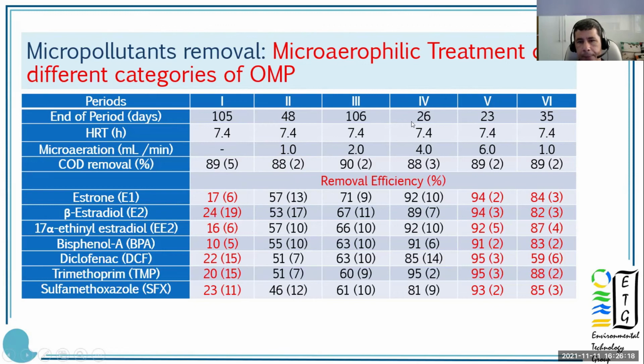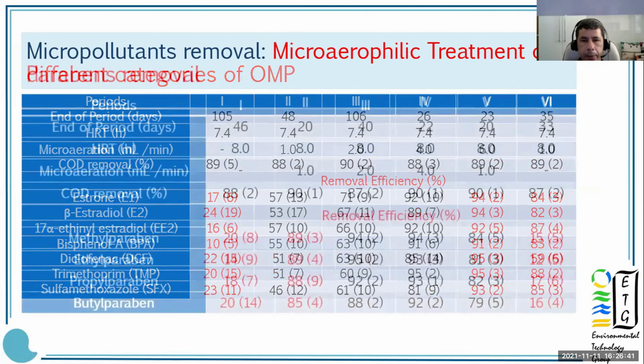If we observe the period in which we applied 4 ml per minute, we reached values above 90% for most of the compounds compared to anaerobic treatment. Very high capacity of OMP removal in microaerobic bioreactors.